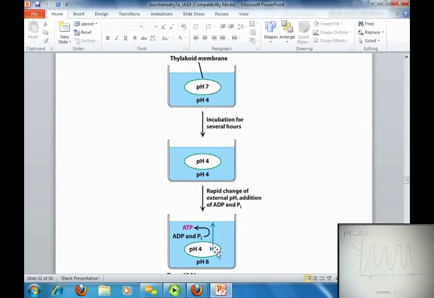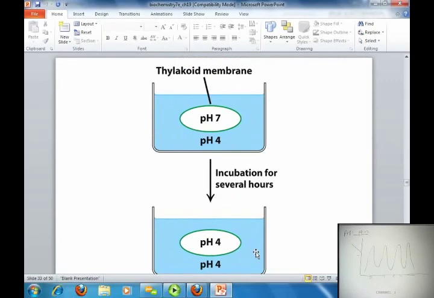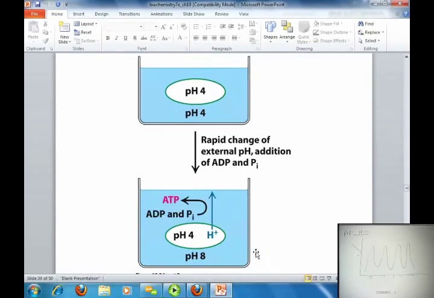So it will distribute, and again it will go out, and thereby the outside is pH 8 and the inside is pH 4. So you could see, start with pH 7 inside and 4 outside, and then when you add ATP synthesis, you have pH 4 inside and pH 8 outside. This is one of the experiments they have done, and this is again the same thing in a different way.